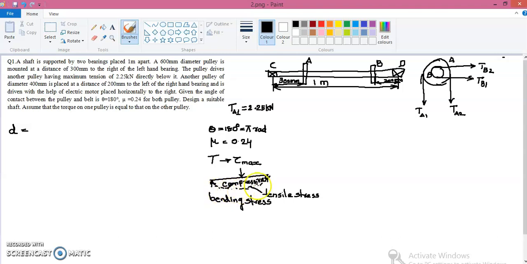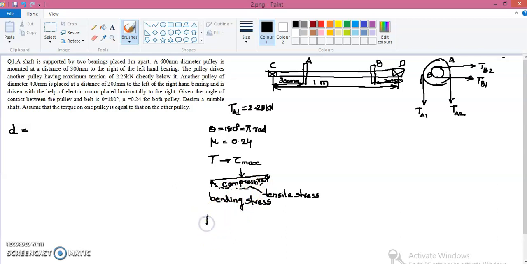So because of this deflection of the shaft, you will be experiencing two types of stresses. One is a tensile stress acting on the bottom portion of the shaft, and the second one is a compressive stress acting on the top portion of the shaft. And both the stresses are normal stress. So because of bending, we are having a normal stress.